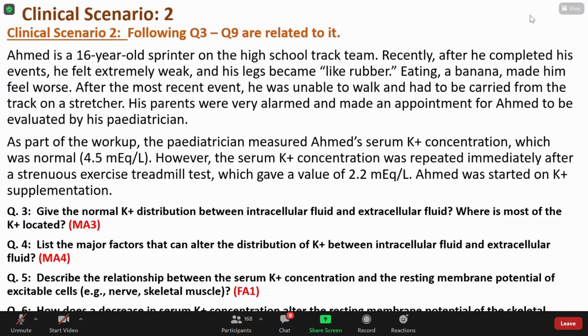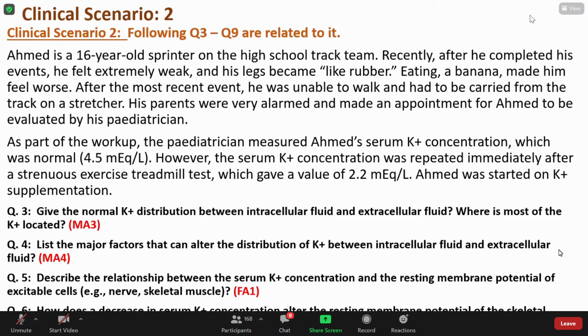Metabolic acidosis can cause loss of potassium from the cells, and metabolic alkalosis will have the opposite effect. And insulin is very important in driving potassium inside the cell. So those are important things to consider.